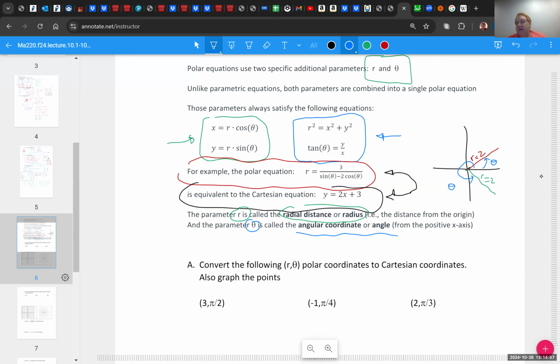Depending on your theta, where you end up would be in a different location. If you know how much you rotate around the circle and you know how far you go out from the center, that will identify a particular point. This point here, for example, or any other point, depending on what theta and what radius r value you're given. All right, so those are just the vocabulary that you'll be noticing when doing problems, reading the book, etc.